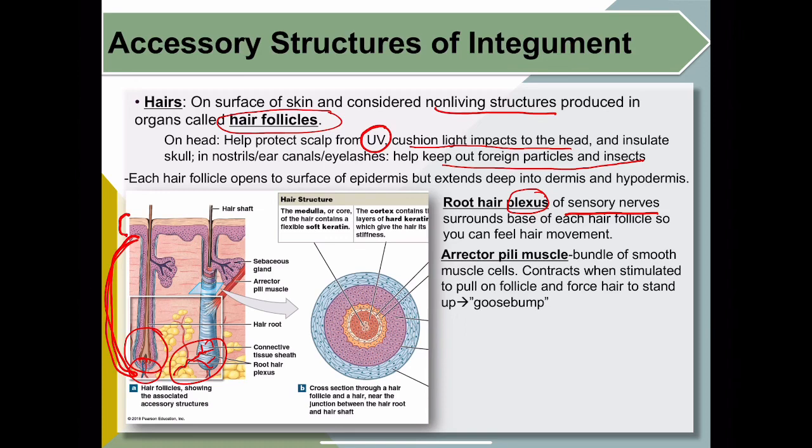Okay? All right. Another accessory structure within the dermis layer is called the arrector pili muscle. And this is a pretty interesting muscle. Okay, first of all, the name itself kind of speaks for what it does. Arrector. It erects something. In this case, it's a bundle of smooth muscle fibers or muscle cells right there. And it contracts when it's stimulated.